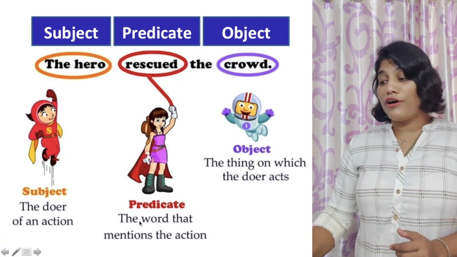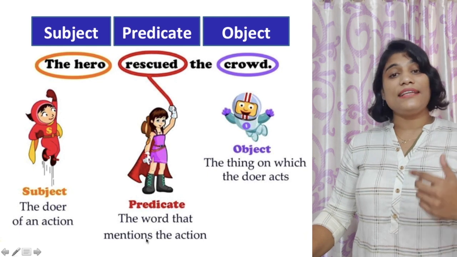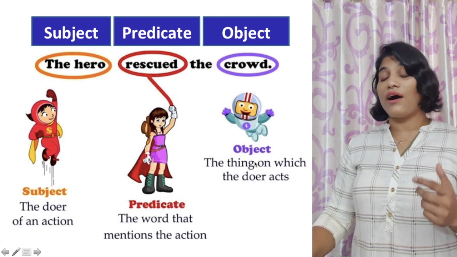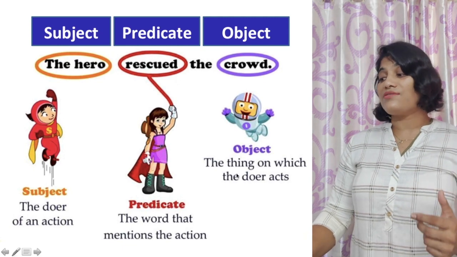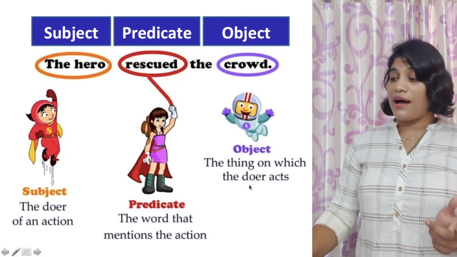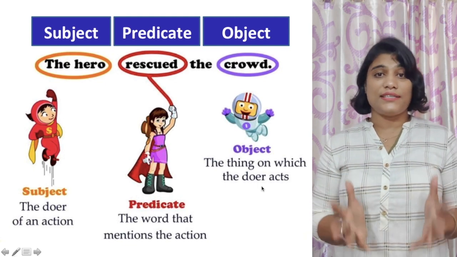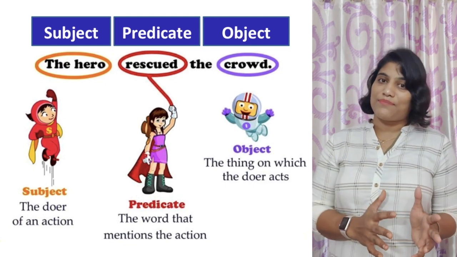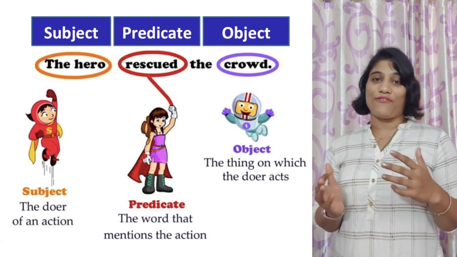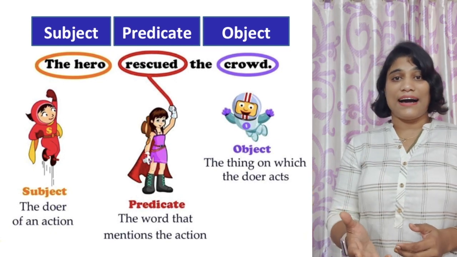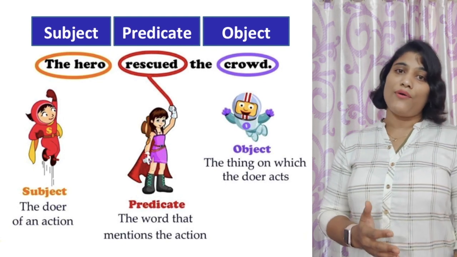Rescued, the word that mentions that action, that is predicate. And the crowd, the object, the thing on which the doer acts. So here you find a clear picture about what is a subject and what is predicate and of course what is an object. Now let's discuss elaborately about object.